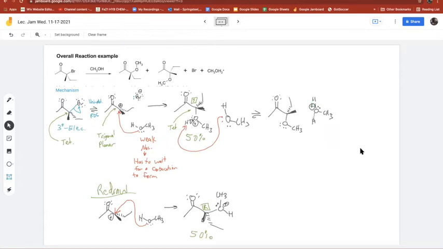There we go. So we get 50% that. So we're getting a racemic mixture here. For this one, later when you're going over your notes, do the other one on your own to give the other 50%.